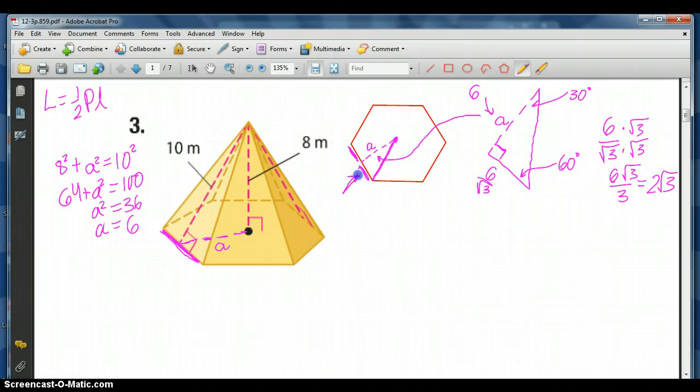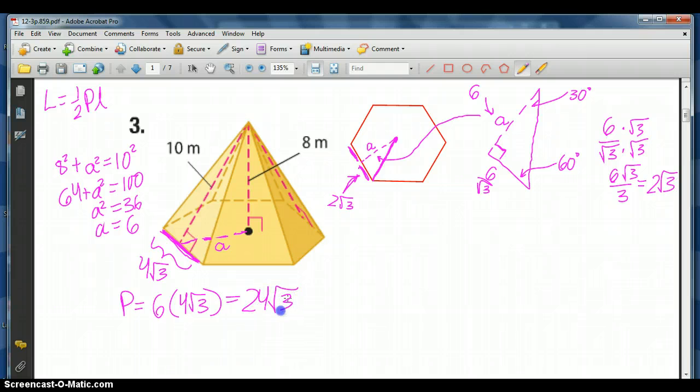So if half the length is 2 square root of 3, then the full length of that side would be 4 square root of 3. And since we have 6 sides, the perimeter is equal to 6 times 4 square root of 3, which is 24 square root of 3. So now we can find our lateral area.